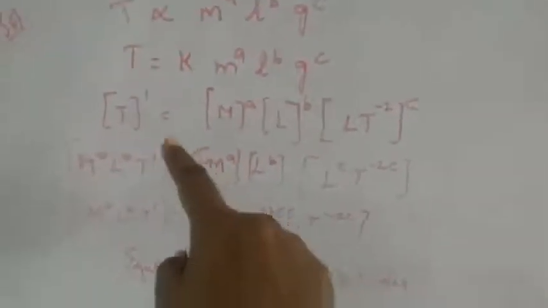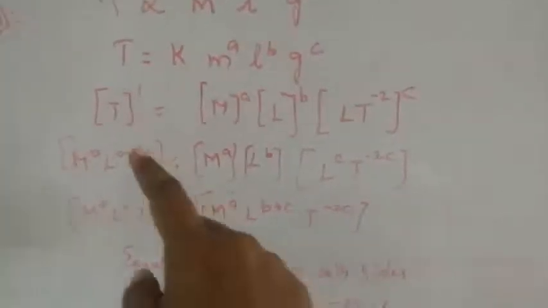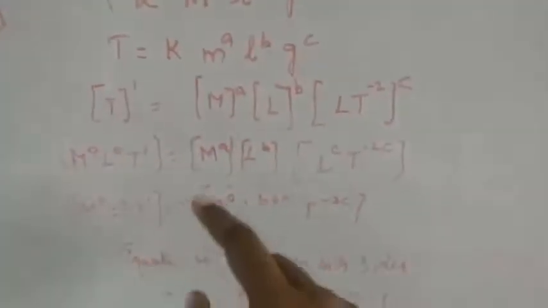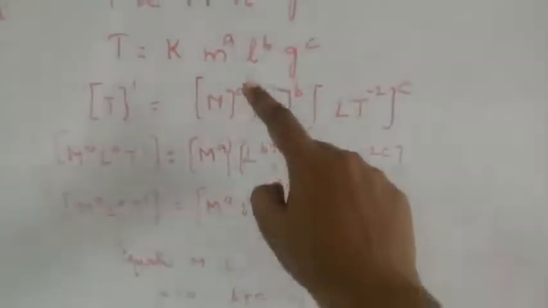So on the right hand side you have mass, length and time. So on the left hand side should also be mass, length and time. You don't have mass and length on the left hand side, so you can write it as m power 0, l power 0 and then t power 1. This is equal to m power a, l power b, and I'm going to multiply the c inside, which becomes l power c and then t power minus 2c.